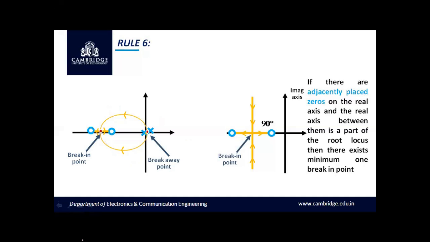And also with respect to rule number 2, we know that root locus always starts from an open loop pole and terminates at an open loop zero. So if we take this example, as we have p equal to z, it's a strictly proper transfer function. Hence, the two branches emerging from the two poles have to terminate at zeros.